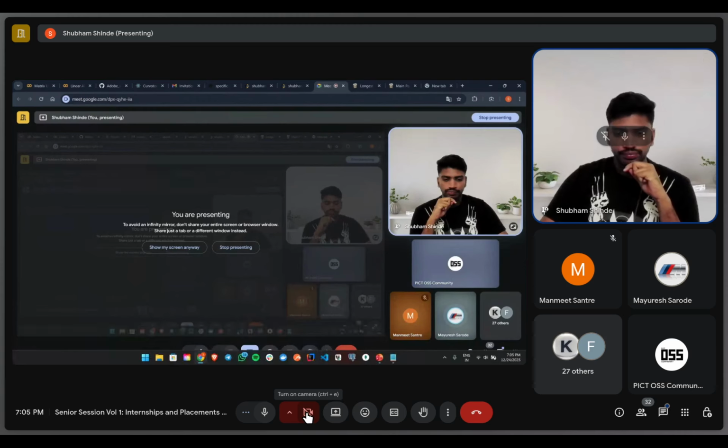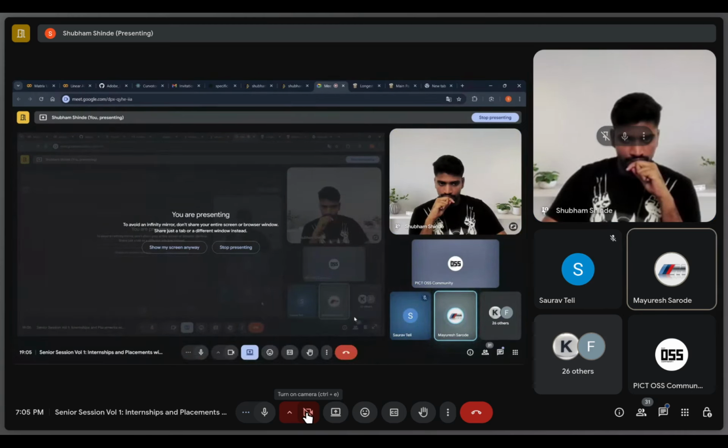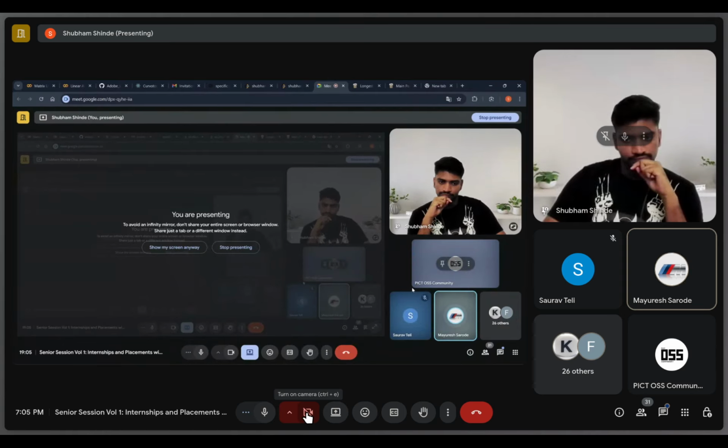And what is your guidance regarding developing different projects and keeping them in resumes, and what is their importance for companies and in the interview process? Do companies prefer or prioritize this?